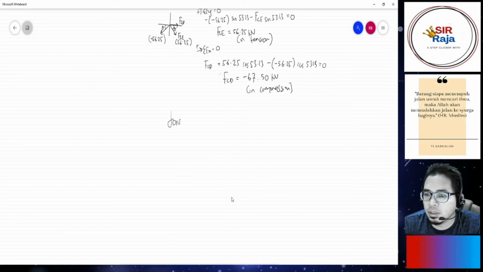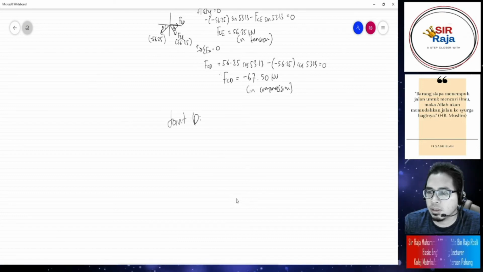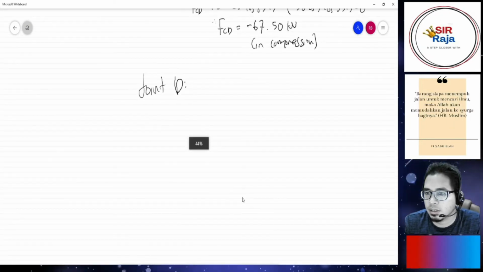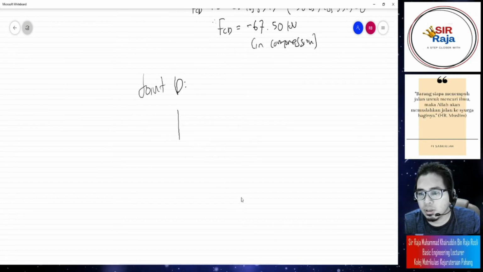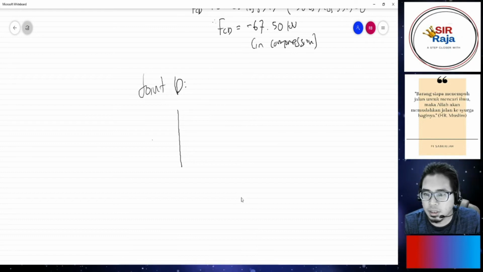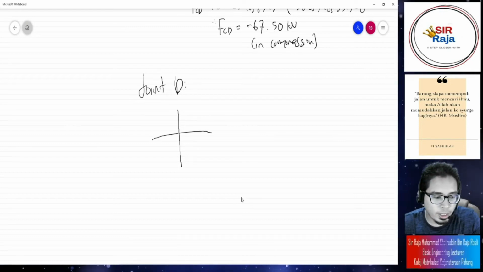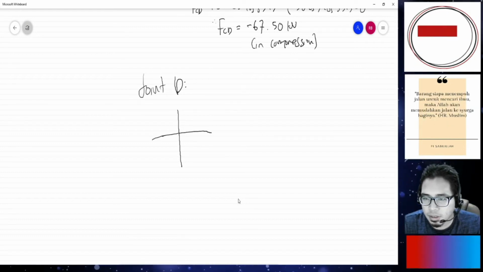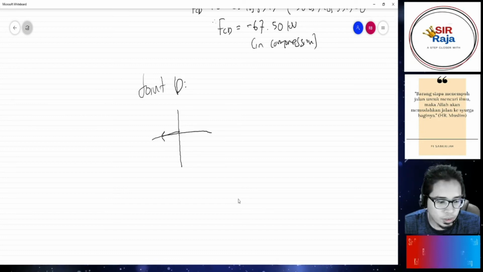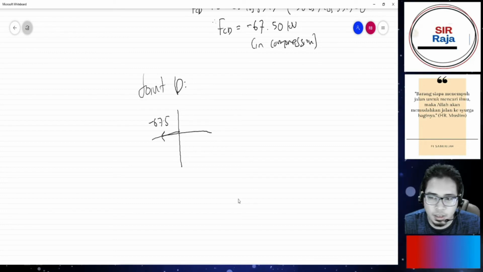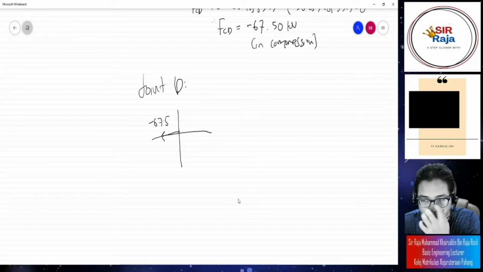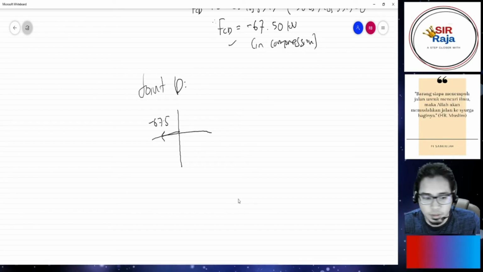So joint D. Oh, this is too far, I think. As usual, draw your xy axis. We have the value here, which is negative 67.5. This is coming from this FCD that we just found from here.